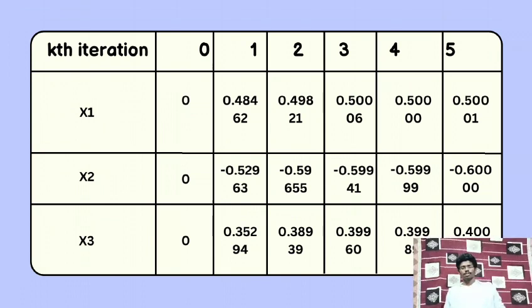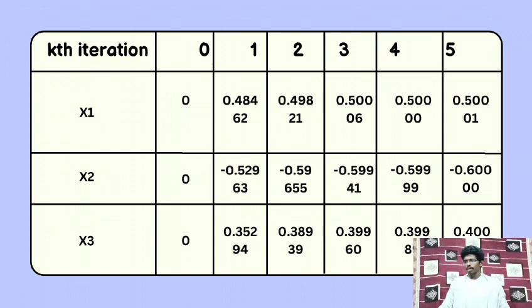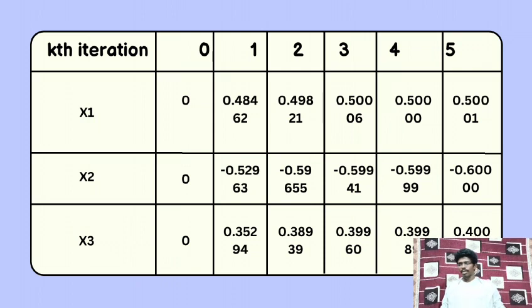0.35294. Second iteration: x1 of 2 equal to 1 divided by 26, times 12.6 minus 2 into minus 0.52963 plus 0.35294, which equals 0.49821.